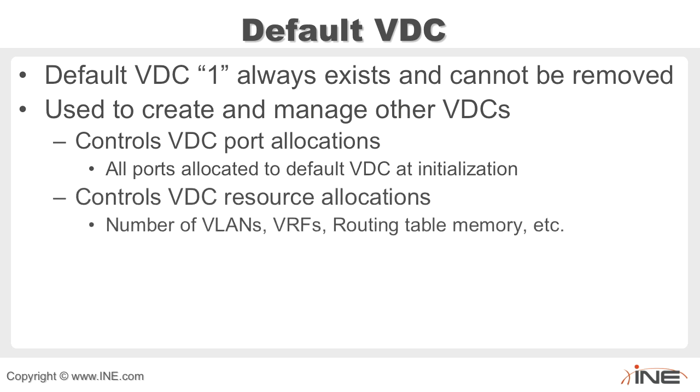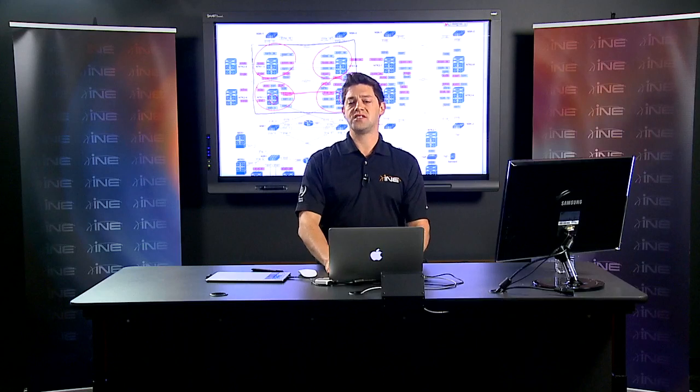It's going to control other resource allocations, such as maximum number of VLANs, VRFs, routing table memory. I can actually be very specific on IPv4 unicast and differentiate that from IPv6 unicast or multicast per VDC. So I can create equal or unequal load balances of different things, even such as CPU access. So a minimum amount, it's almost like quality of service for CPU.